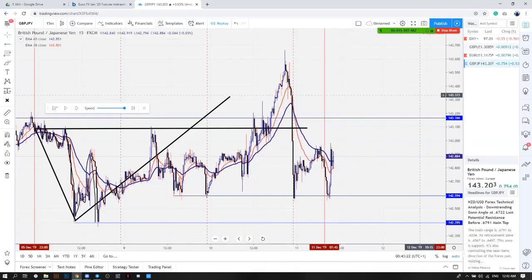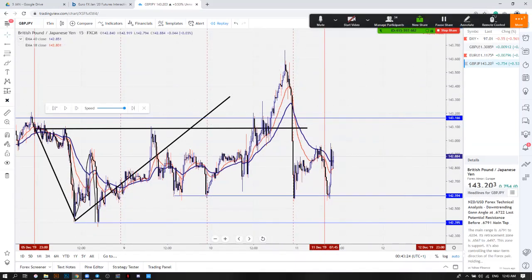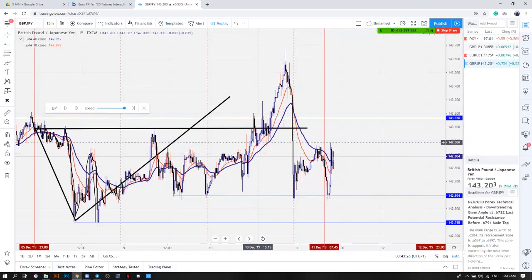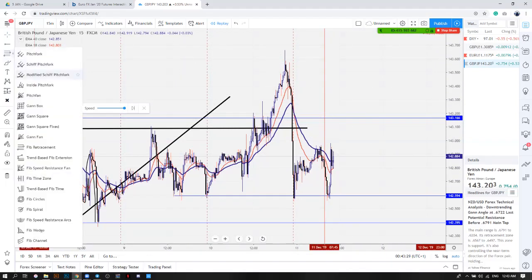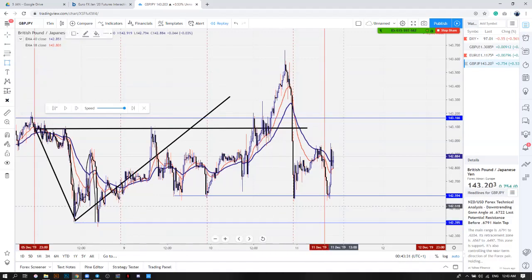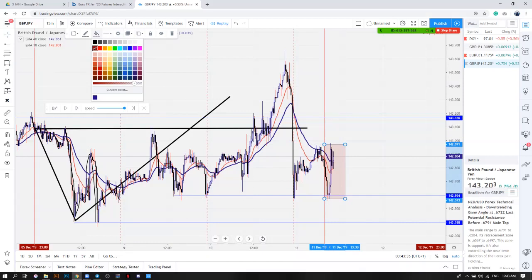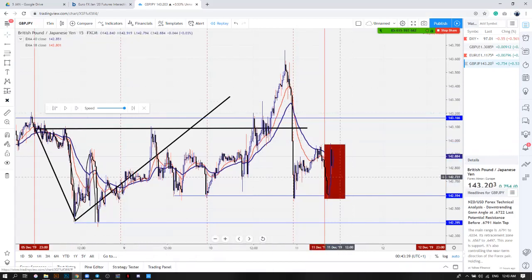So now, are you going to buy or sell? Let me remove all these red boxes. All right, are you buying or selling?